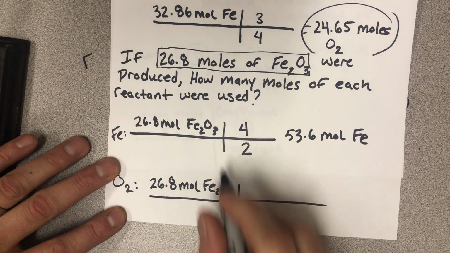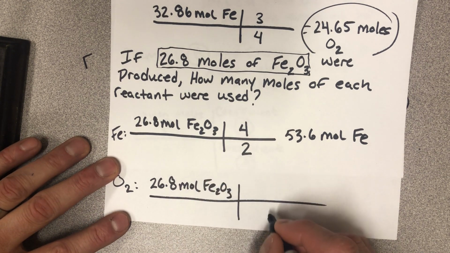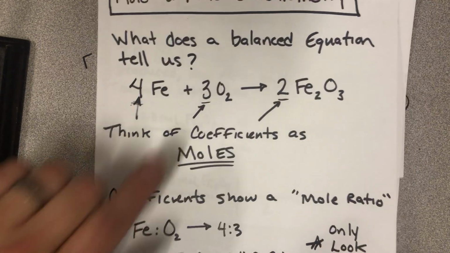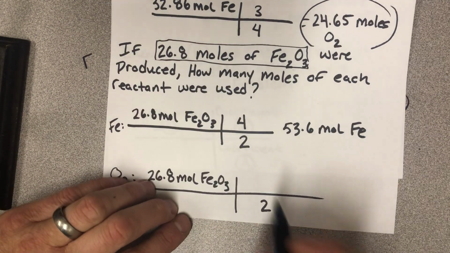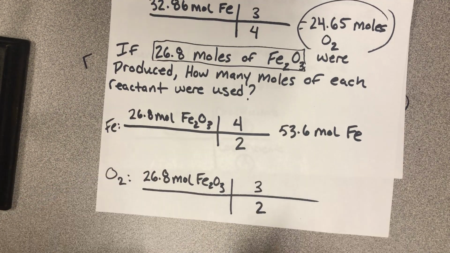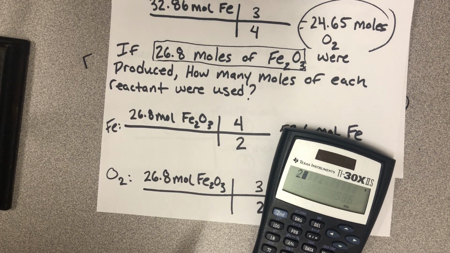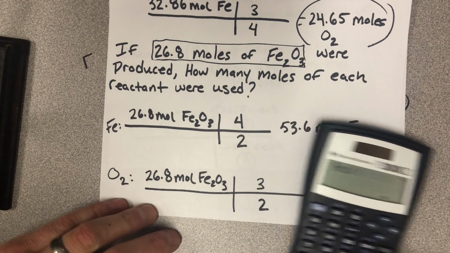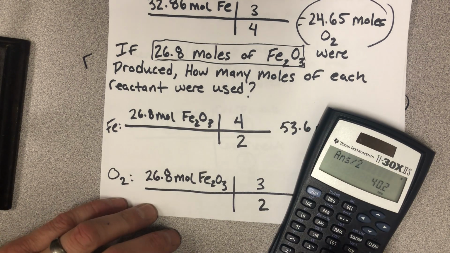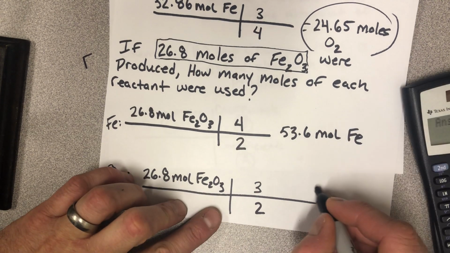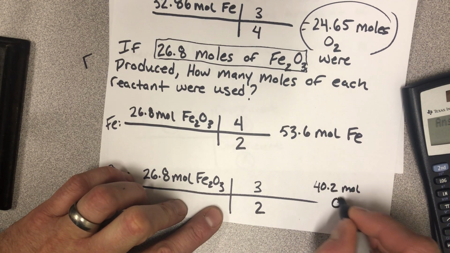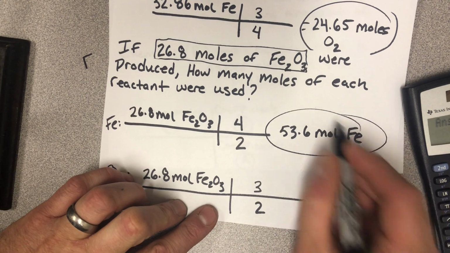And the coefficient of iron 3 oxide again was a 2, and the coefficient for oxygen from this equation is a 3. So now we just do 26.8 times 3, and then divide that by 2, and that gives us 40.2. So this is 40.2 moles of oxygen gas. Okay, so those are our 2 answers.